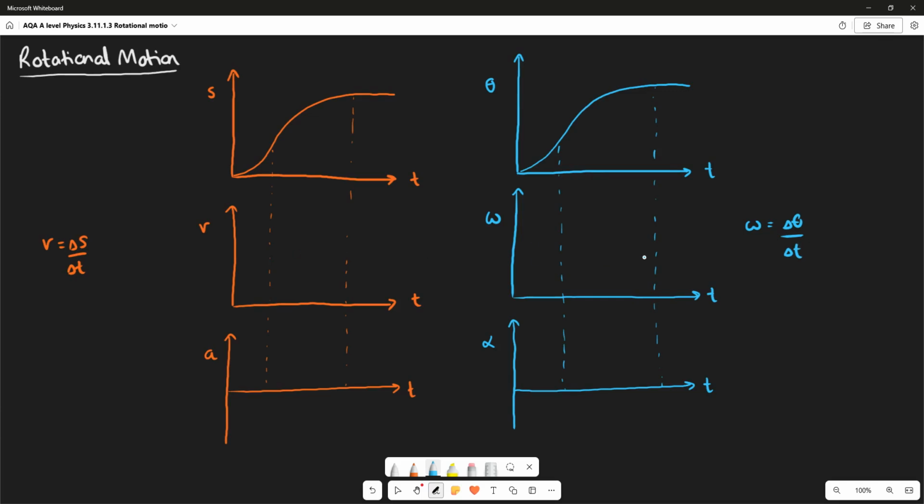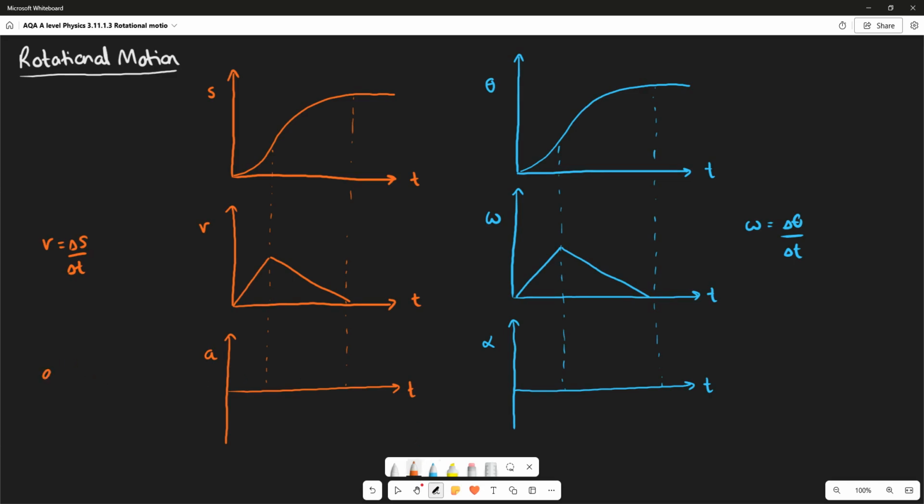So these graphs will show the gradient of the one above. Gradient is increasing to a maximum and then reducing slowly to 0. Here, gradient is increasing to a maximum and decreasing to 0.